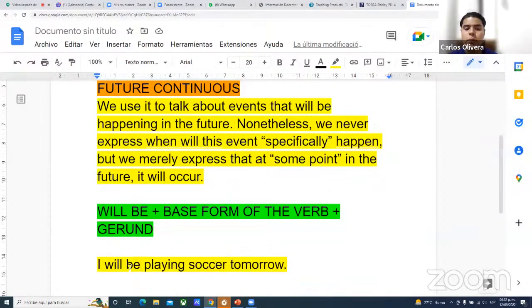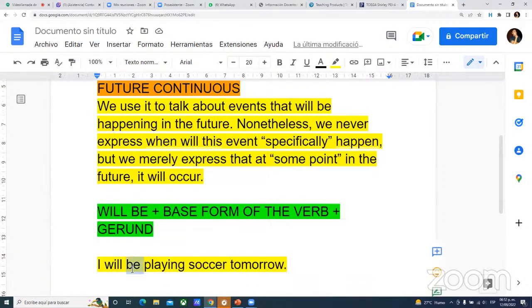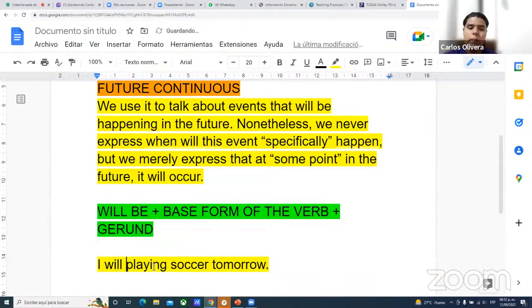But without be, does it mean I will playing? That's not the jugaré. No. The jugaré expression would be I will play, without the ing, without the gerund. So as you can see, everything changes.